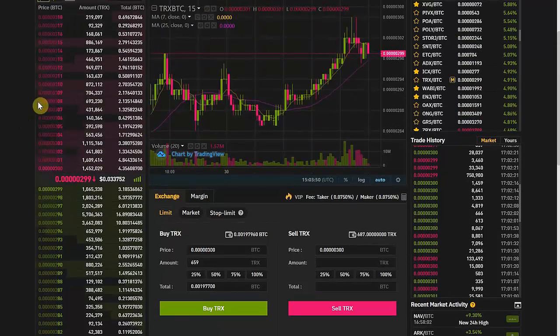Cool thing about this, let's say you wanted to buy. So the thing with the order book, you see all these orders before, so 4 BTC worth of TRX. So if you place an order to buy here at 292, you will have to wait for all these guys to have their orders cleared.